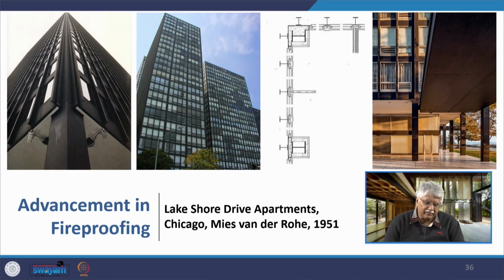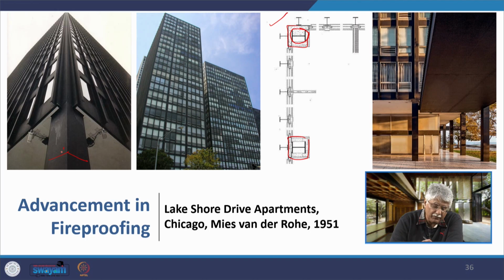As time passed, the whole technology of fireproof structural steel frame became more and more advanced, and you see this development in the Lakeshore Drive apartments in 1951 by Mies van der Rohe. You see how the structural I section which is carrying the load is encased in concrete and covered with cladding material on the outside.